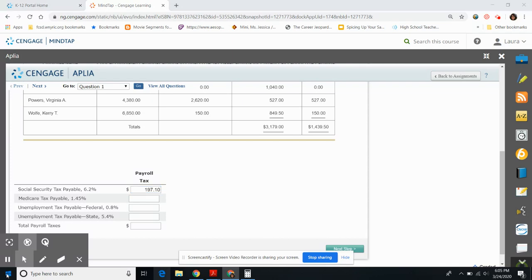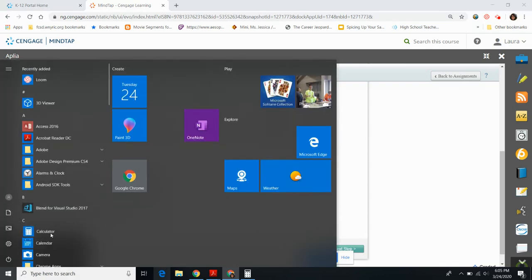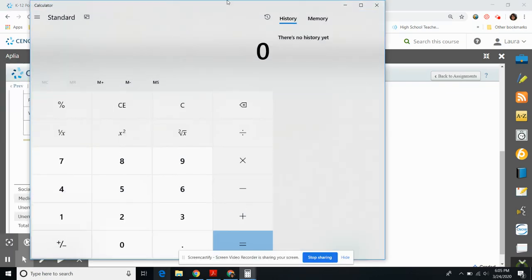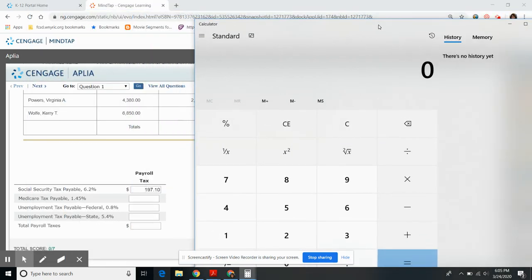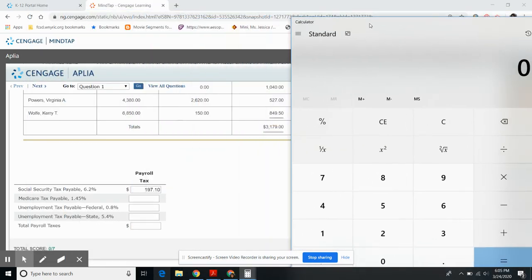Let's see, I'm trying to get my calculator up here. $3,179 times 0.0145, and we get $46.09. And remember, we have to round that to normal math, dollars and cents. So that would be $46.10.